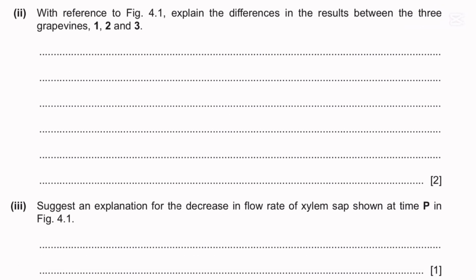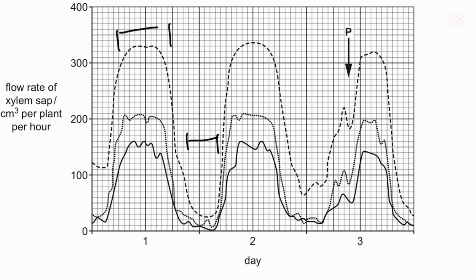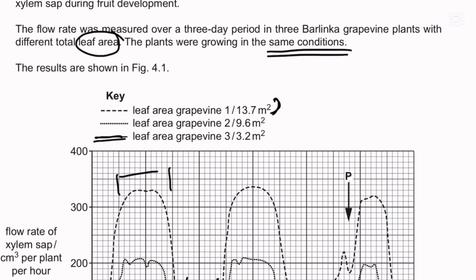Now this brings me on to 2. With reference to figure 4.1, explain the difference in the results between the 3 grapevines 1, 2, and 3. So again, why does grapevine 1, with the greatest leaf area, have the greatest flow rate compared to the 3 with the least? And this just has to do with surface area. Because they have the greatest leaf area, that obviously contributes to surface area.